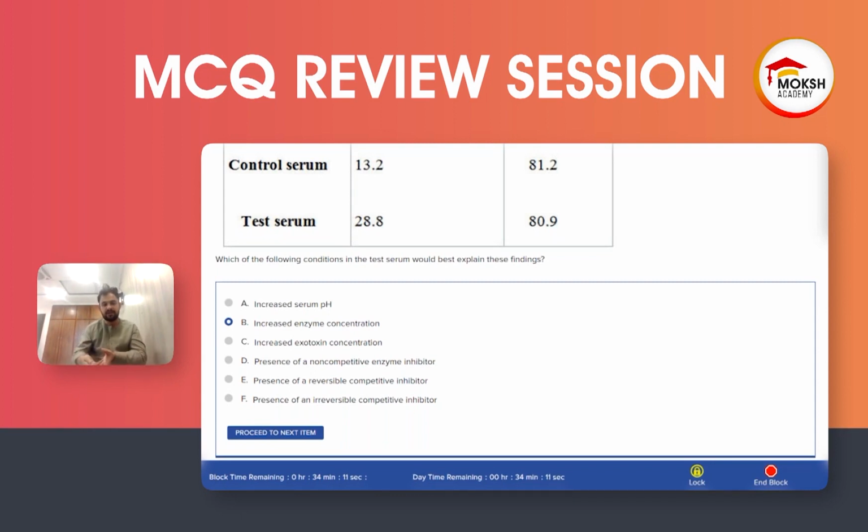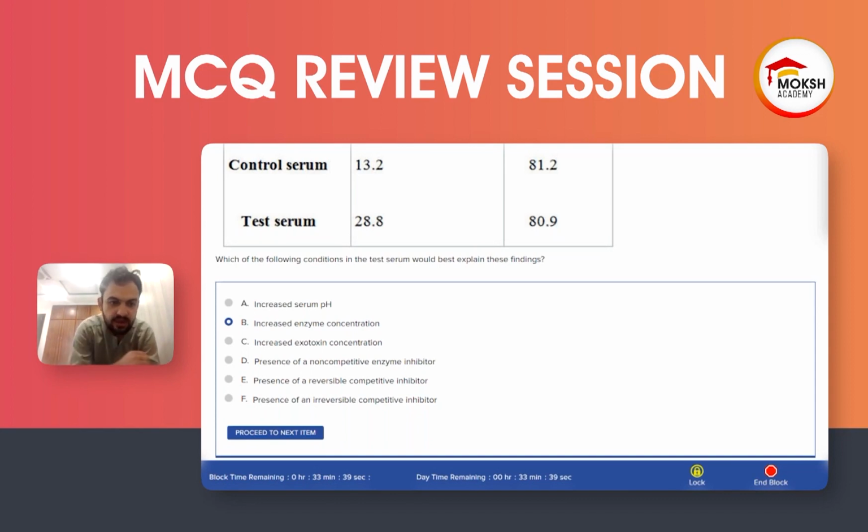But this can be overcome by increasing the substrate, that's why it's reversible. It's not the same as choices D and F. The only thing that changes here is that Km increases, but Vmax will be the same.